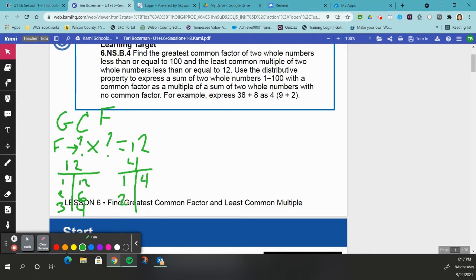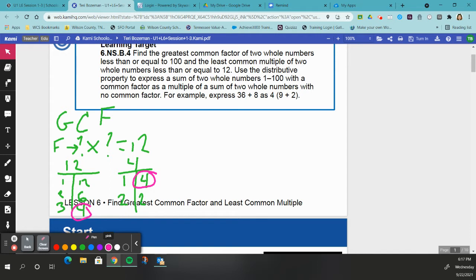You can write 2 just once, or you could put it on both sides. It doesn't change the fact that 2 is just there. And then that's as far as we go with 4. So now we find the greatest common one, the one that's the largest that they both have. And we see that that is 4 and 4. So the GCF, or greatest common factor, between 12 and 4 is 4.